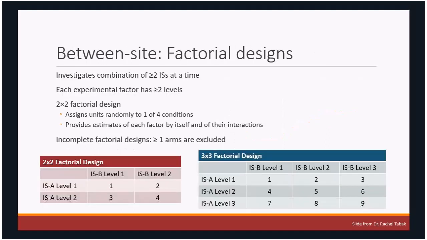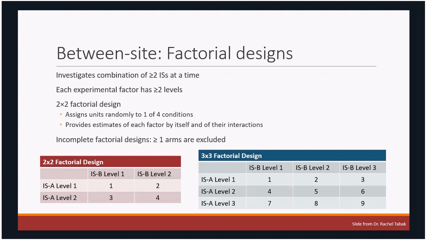An example of a between-site design would be something like a factorial design. Here we're thinking about combinations of implementation strategies, each having a couple different levels or categories or types. So here you would have something like in-person versus virtual training for providers, or changing the frequency with which an implementation strategy is delivered.